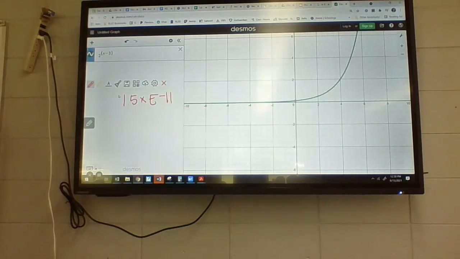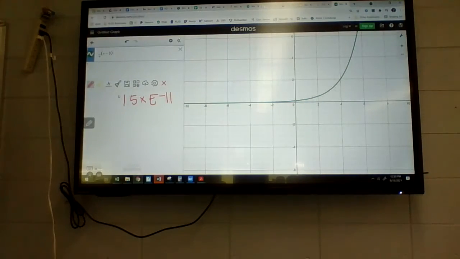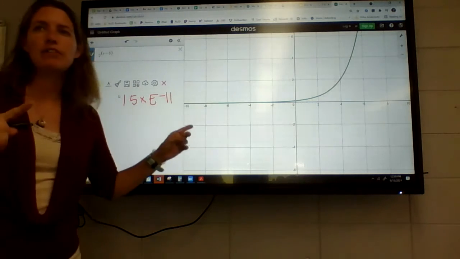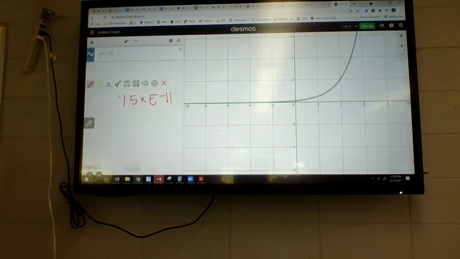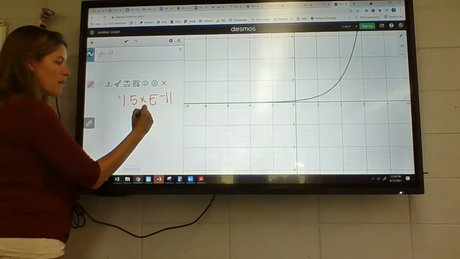What does that mean? Does anyone know? A really small decimal. e to the negative 11 means you're going to move that decimal point 11 times to the left. So negative exponents mean this number is getting really, really small.